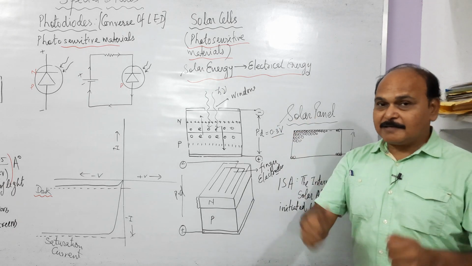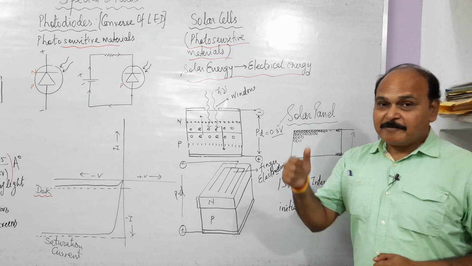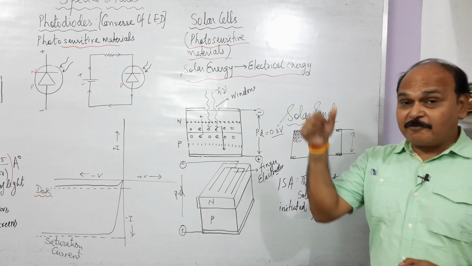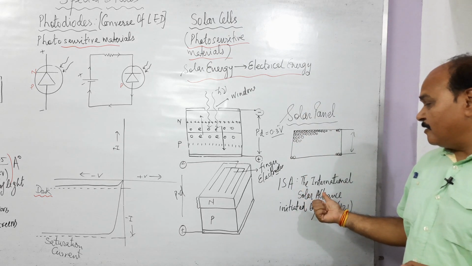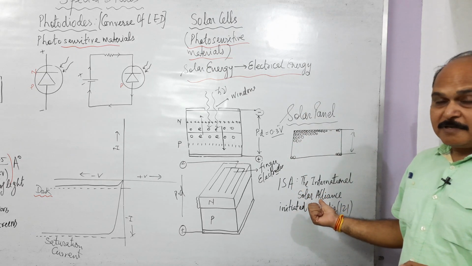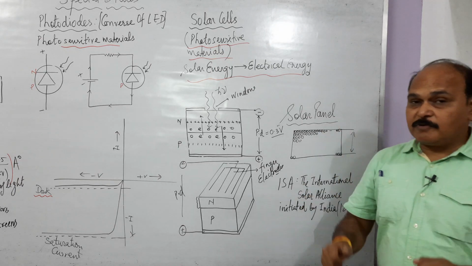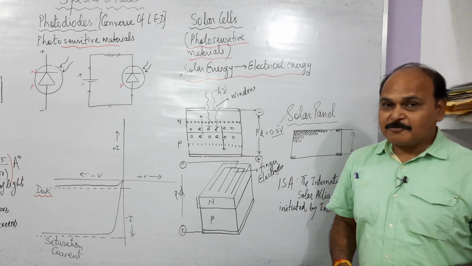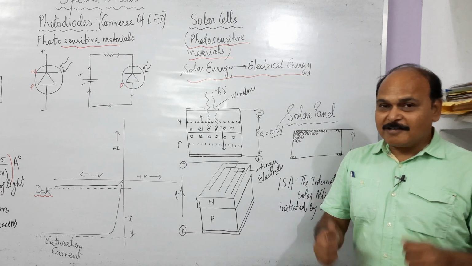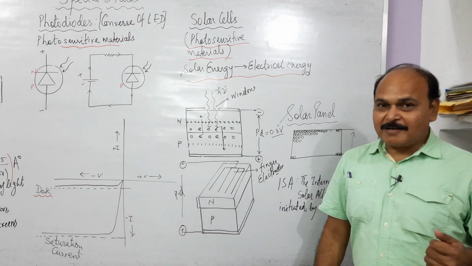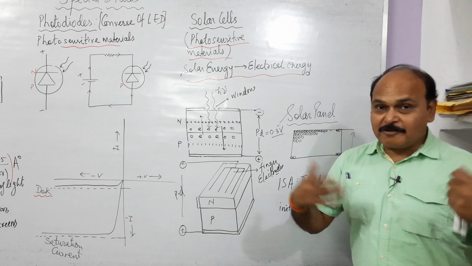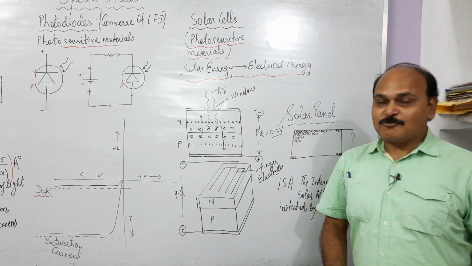India is the pioneer and founder president of this particular organization. Right now there are nearly 121 countries of the world which are its members. So India is right now a superpower as far as the production and use of solar energy is concerned.